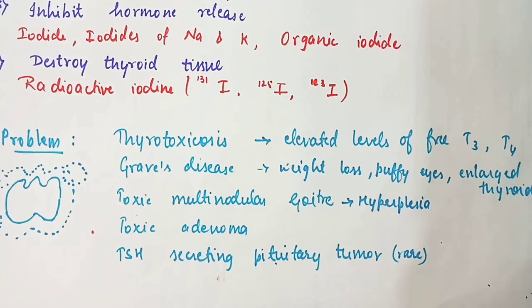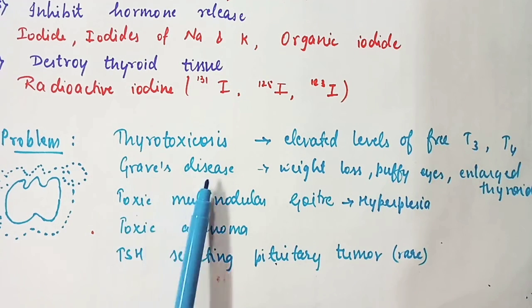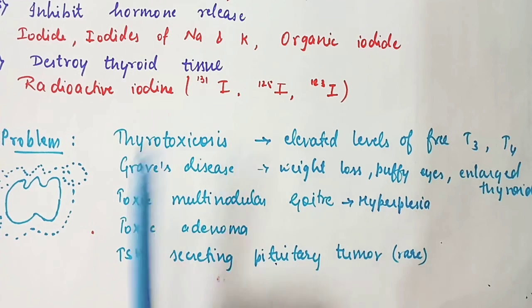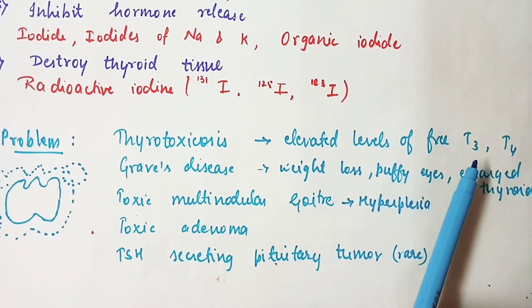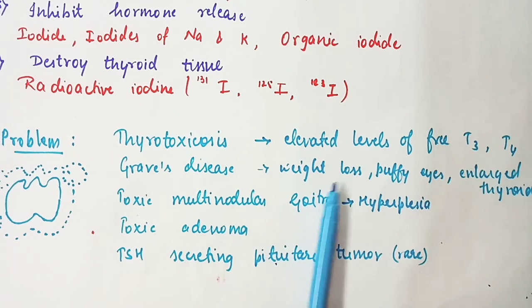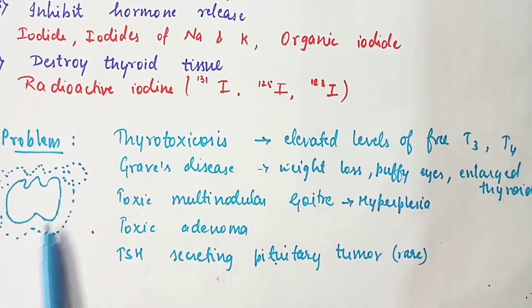So why do we need thyroid inhibitors? The problems are thyrotoxicosis, Graves' disease, toxic multinodular goiter, toxic adenoma and TSH secreting pituitary tumor, that is rare. Thyrotoxicosis means elevated levels of free T3 and T4. Graves' disease means there will be weight loss, puffy eyes and enlarged thyroid. This is the original thyroid gland.